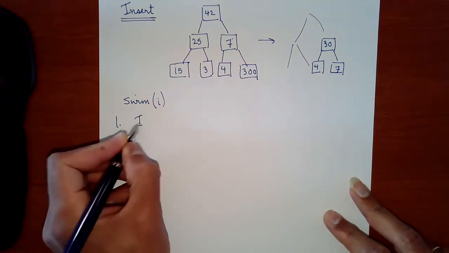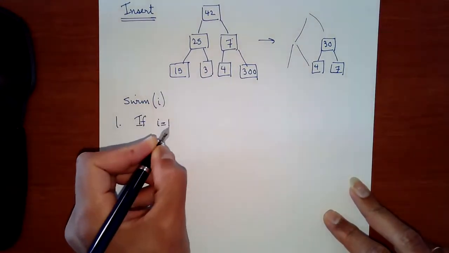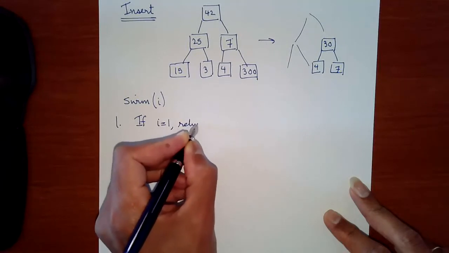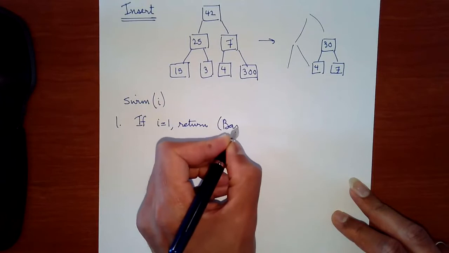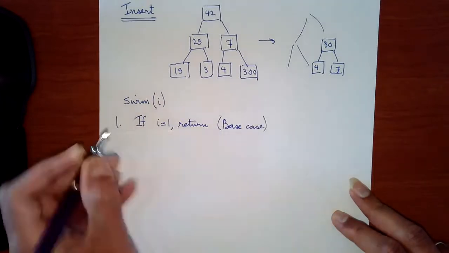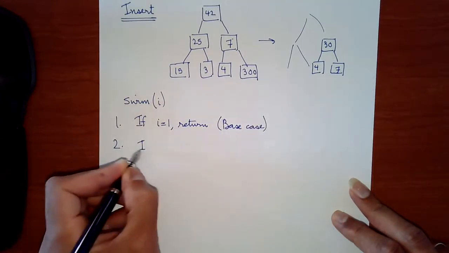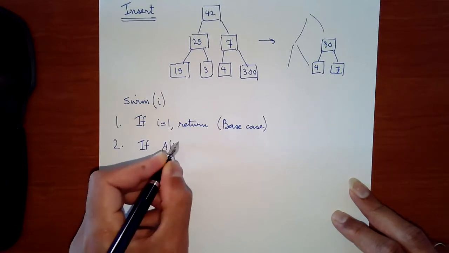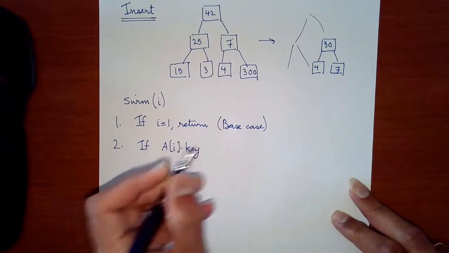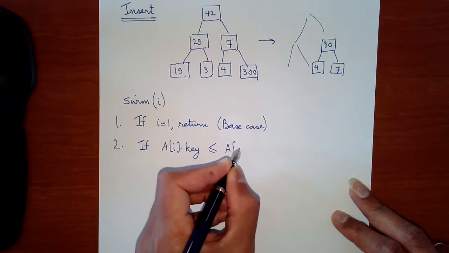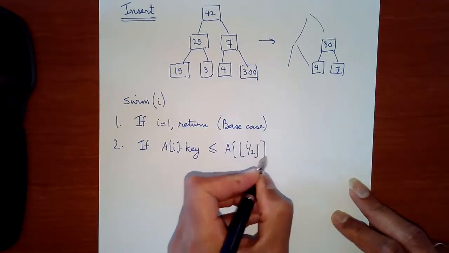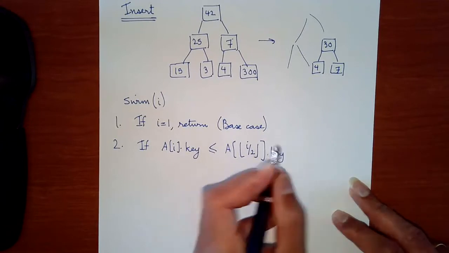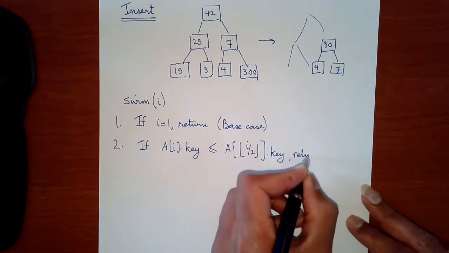What one has here is, again, if i is equal to 1, then return. This is going to be the base case. If A[i].key is less than A[i/2].key, return.